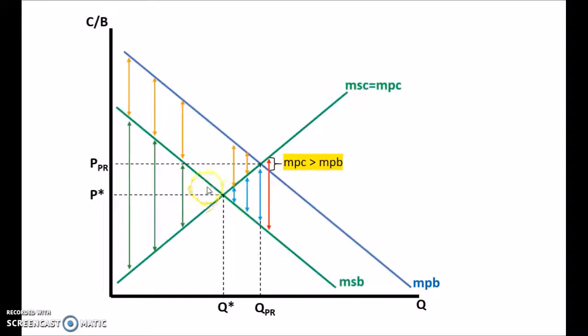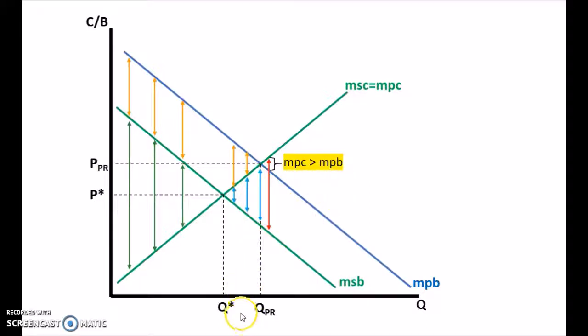So, if this is a factory in the distance that kind of destroys your view, maybe now it's actually depreciating the value of your house, something like that. And we see that, more and more as we move further and further to the right until we get to QPR, we see that more and more of the externality, that is the vertical distance between MSB and MPB, more of that is being passed on to society. And that's the essence of our problem.